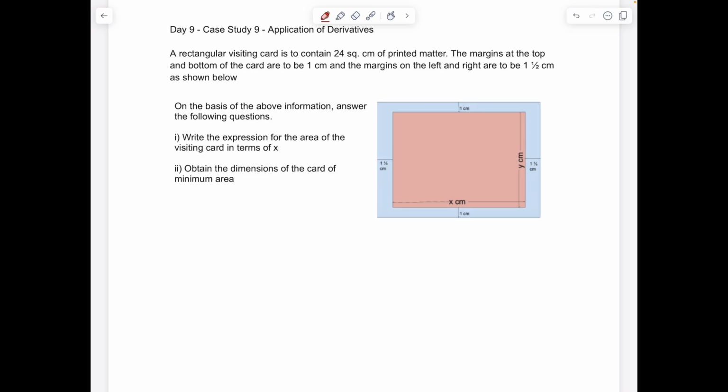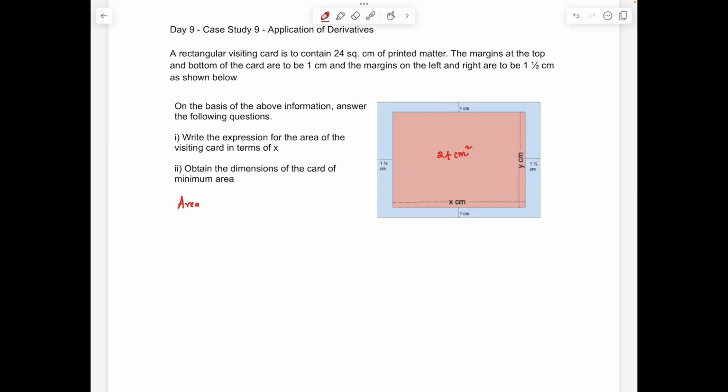Subdivision 1. Write the expression for the area of the visiting card in terms of x. So the very first line in the question says a rectangular visiting card is to contain 24 square centimeter of the printed matter. That is this area, which is pink in color. This is 24 centimeter square. The dimension of that area is x and y.